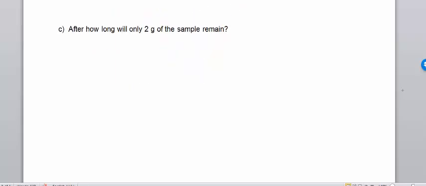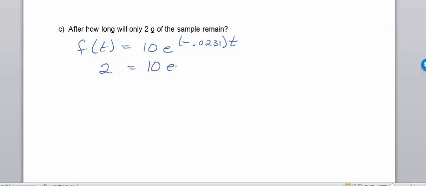So our original function, let's write that over again, f of t equals 10e raised to the negative 0.0231 times time. Instead of plugging in our value of 80, let's say when are we going to have 2 grams left over? Divide both sides by 10. That gives you 1/5 equals e raised to the negative 0.0231 t.